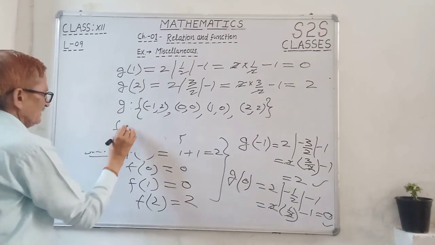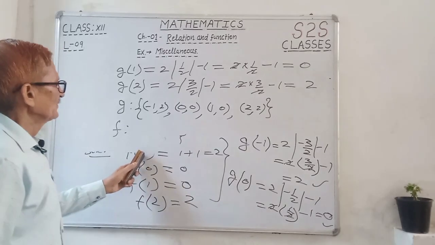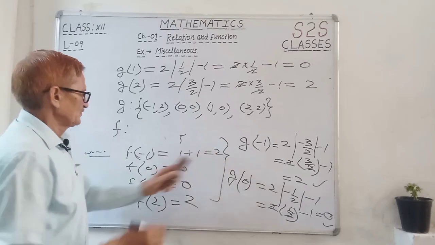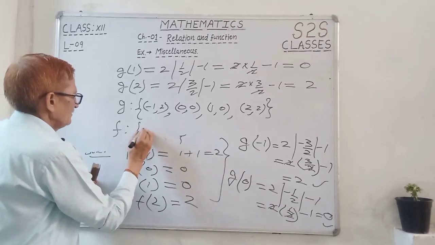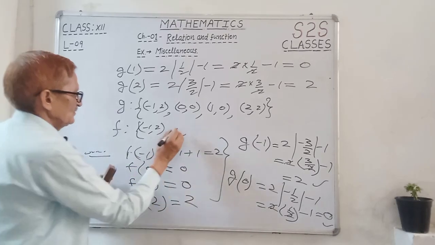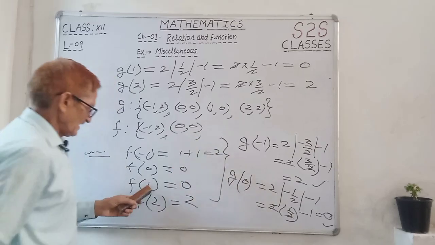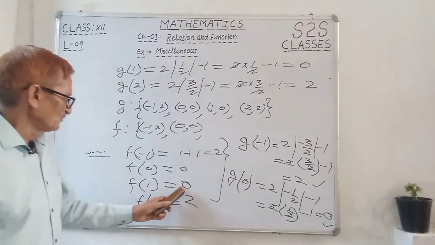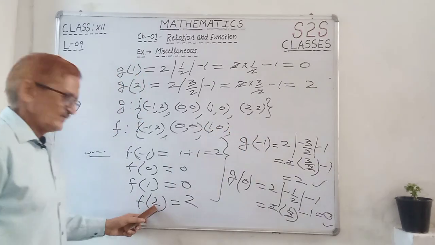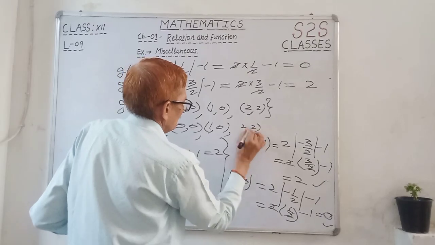And your f is such that f(-1) has output 2, so the first ordered pair is (-1, 2); at 0 it is 0, so (0, 0); at 1 the output is 0, so (1, 0); and if input is 2, output is 2, so (2, 2).